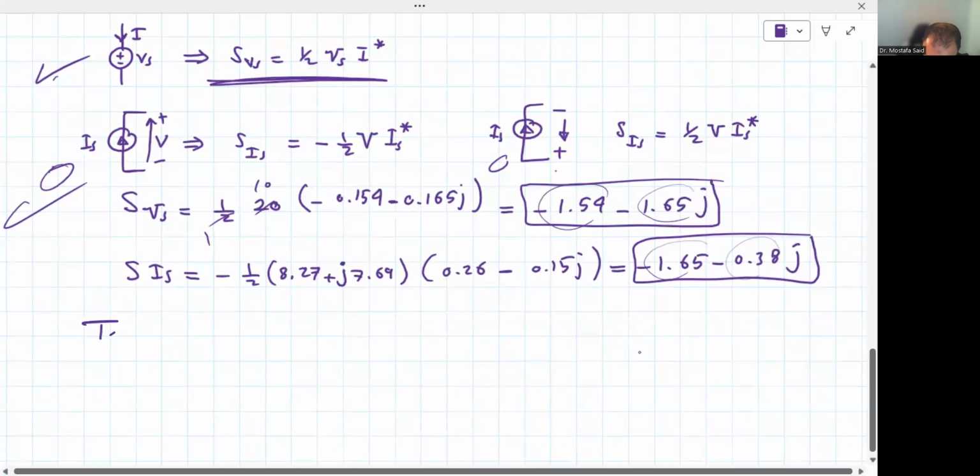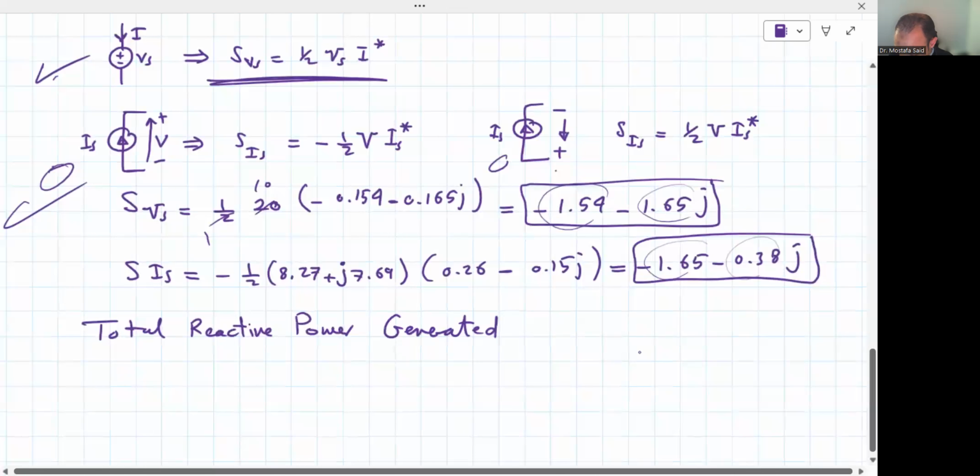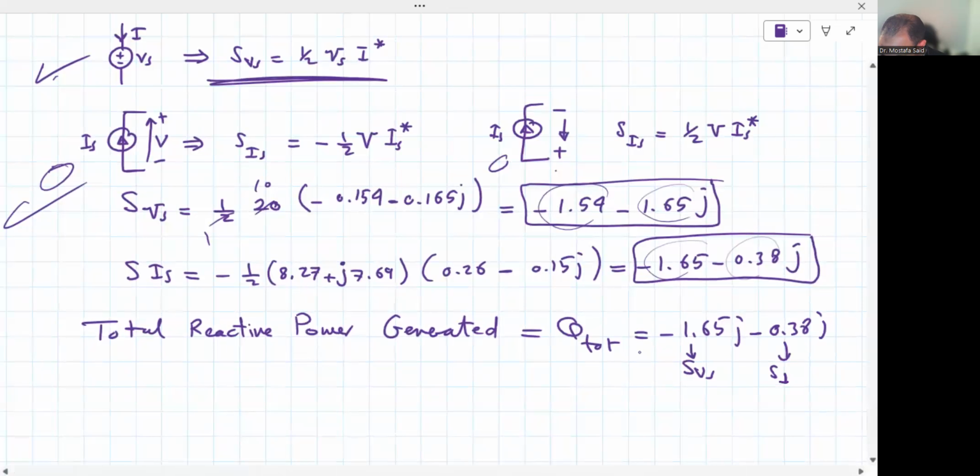So the total reactive power generated, let's call it Q total, is equal to minus 1.65j, which comes from SVS, minus 0.38j, which comes from SIS.